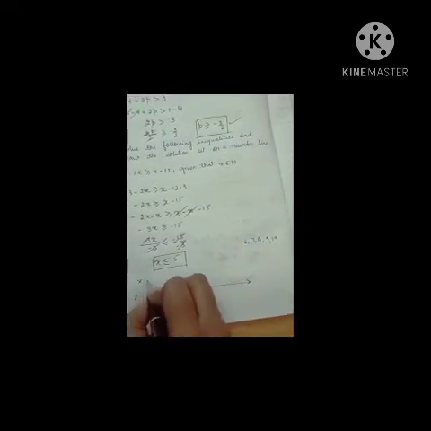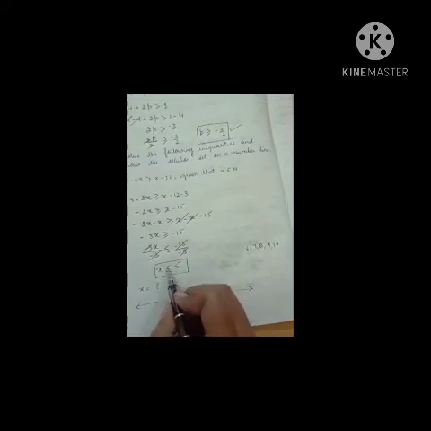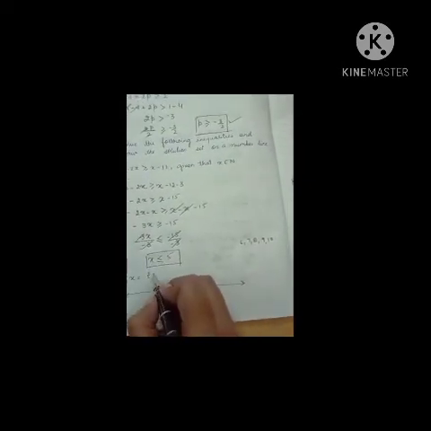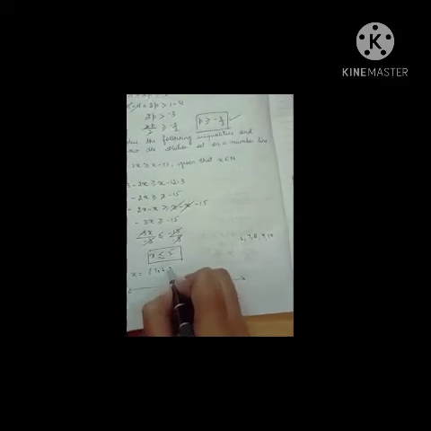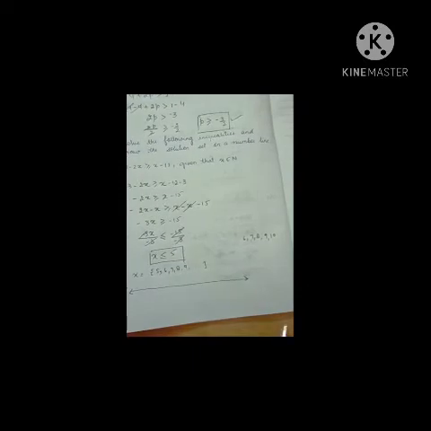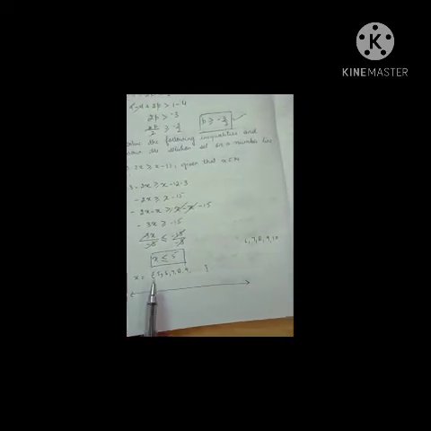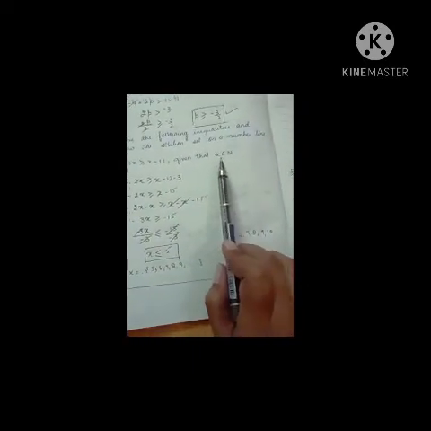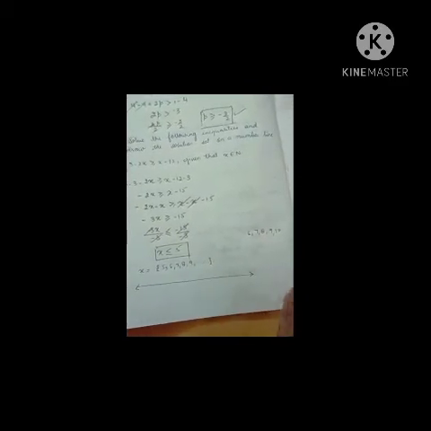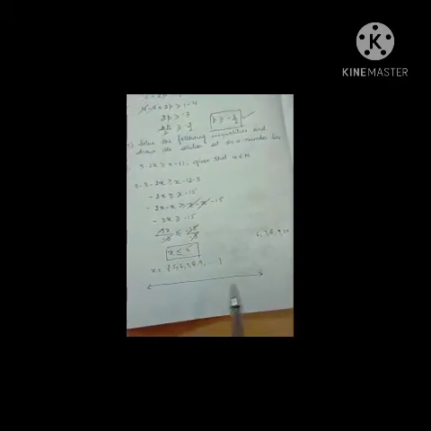And x equals 5 means we are also including 5 here. So the set is 5, 6, 7, 8, 9 and so on. One thing is also given, that x belongs to natural numbers. It means we cannot include the decimal numbers here.